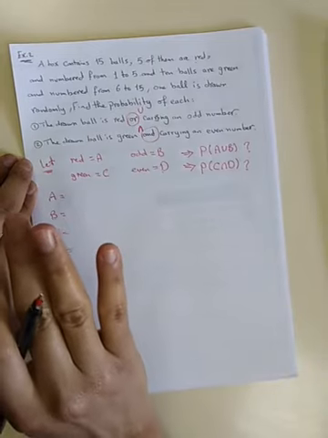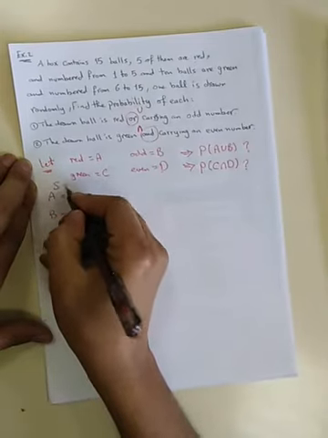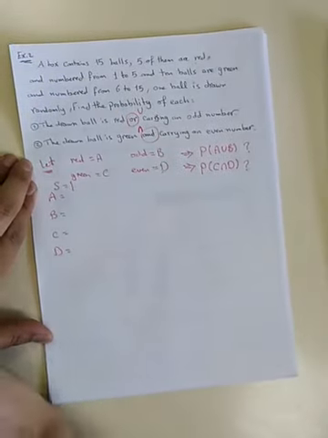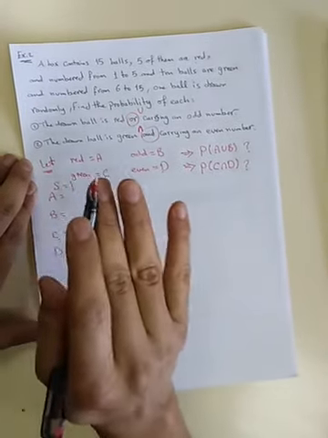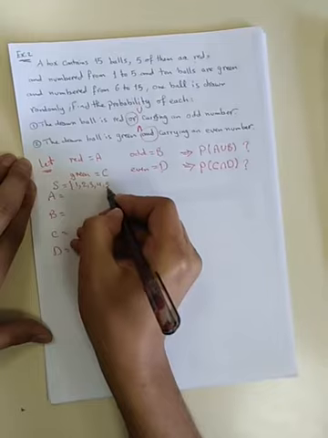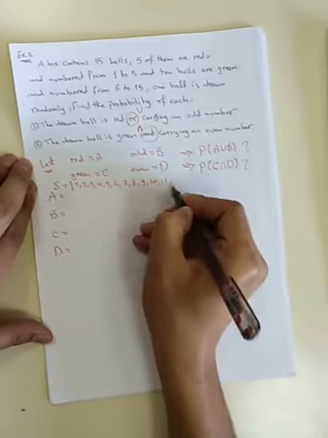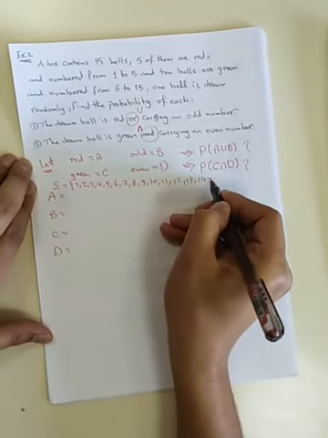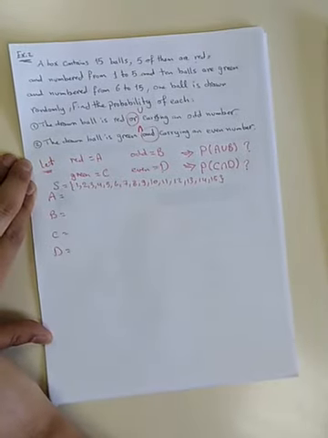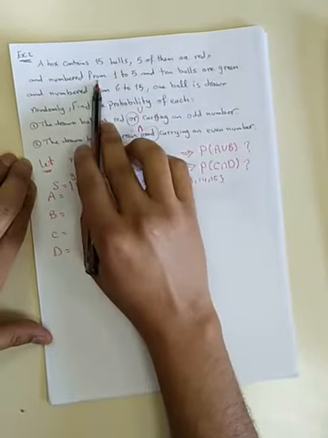First, you must know the set of sample space. It's all the outcomes. We have 15 balls, numbered from 1 to 15. Then the sample space is 1, 2, 3, 4, 5, 6, 7, 8, 9, 10, 11, 12, 13, 14, and 15. A denotes the red balls, numbered from 1 to 5.